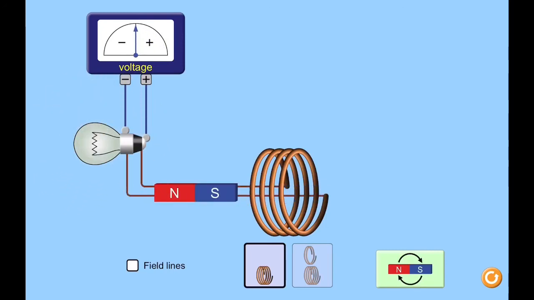I'm going to insert south into the coil from the other side. So when I introduce south, it's going towards left. And once I take the bar magnet out entirely from the coil, that means the north being taken out, you can see the needle going towards right. So that is the case of a single coil experiment.